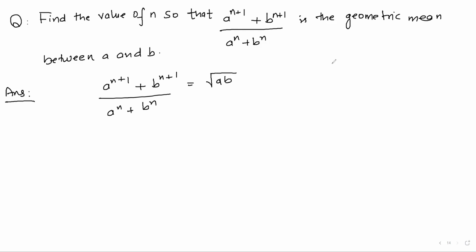So this can be written as A to the power n plus 1 plus B to the power n plus 1 by A to the power n plus B to the power n is equal to AB to the power 1 by 2. Now cross multiply, add the power, subtract the power and solve. ठीक है स्पर्श? सर क्रॉस मल्टीप्लाई करना है ना? Now cross multiply. ओके सर.